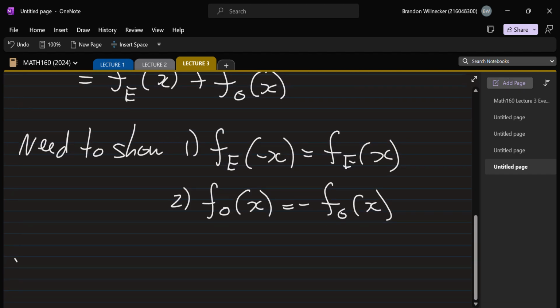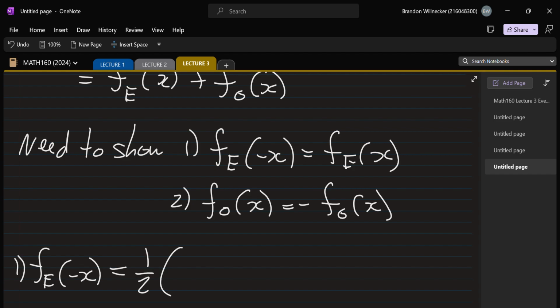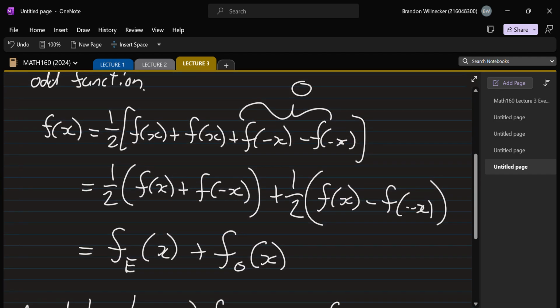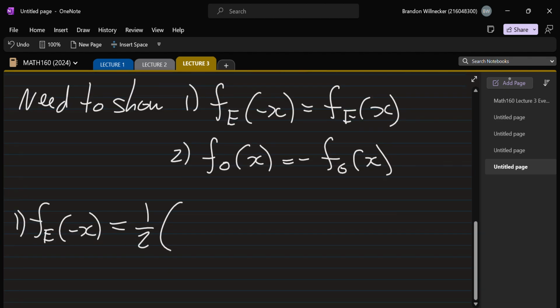Okay, so let's show number one. We start off with that left-hand side bit. We substitute minus x wherever we see an x, and we see what happens. Remember how this is defined. This is 1/2 f of x plus f of minus x. Now instead of x, I'm going to put in minus x.